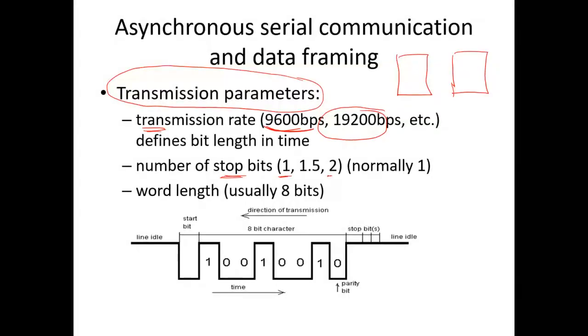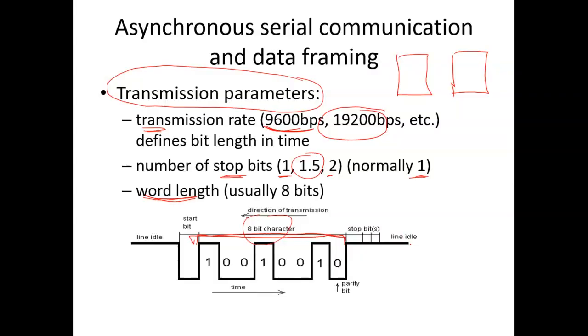We can have 1, 2, or 1.5, but generally we are using 1. And they have to share the same word length. So you have 8 bits of data, and the two devices should have the same number of bits.